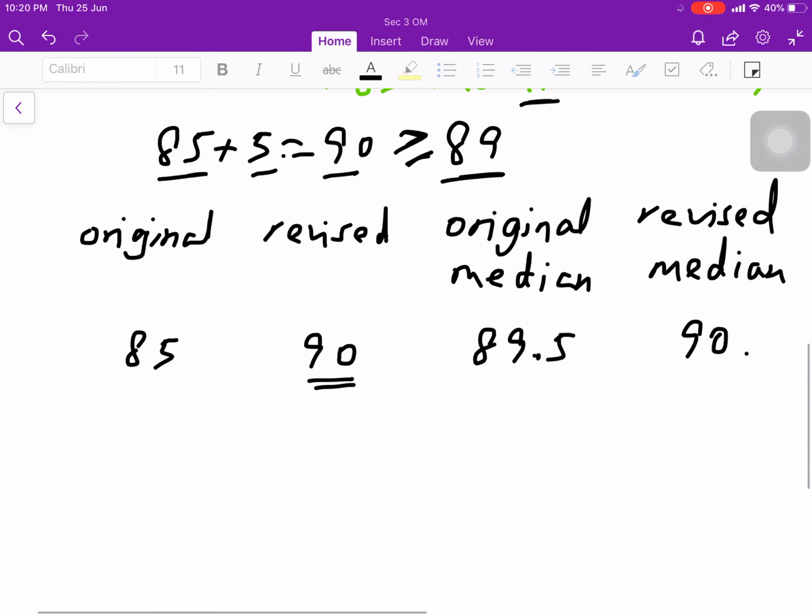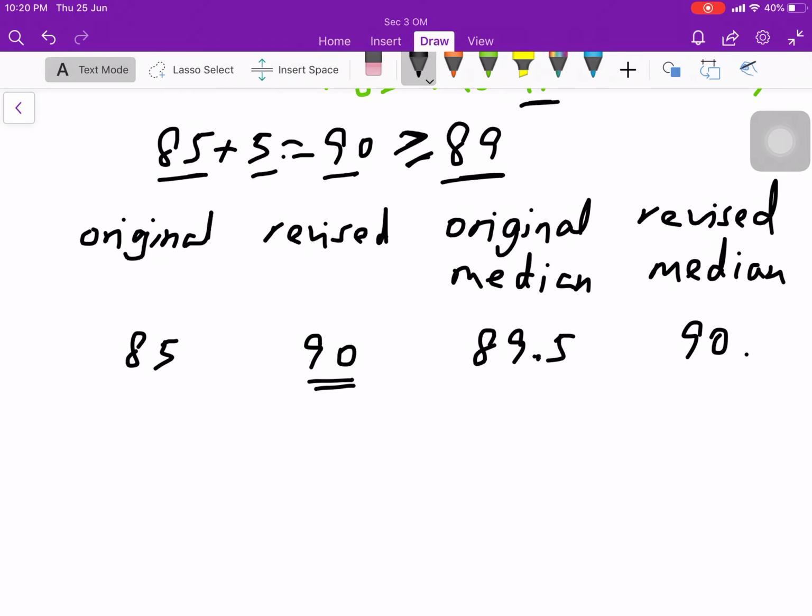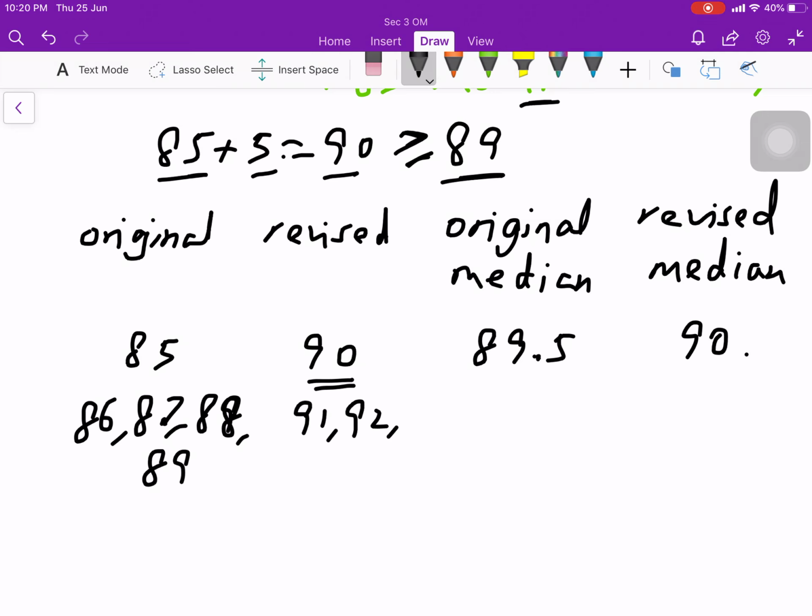This is correct. Then can you see that if your original is 86, 87, 88, 88, and then 89, 89. Then your revised score is 91, 92, 93, and then 94, 94, right?